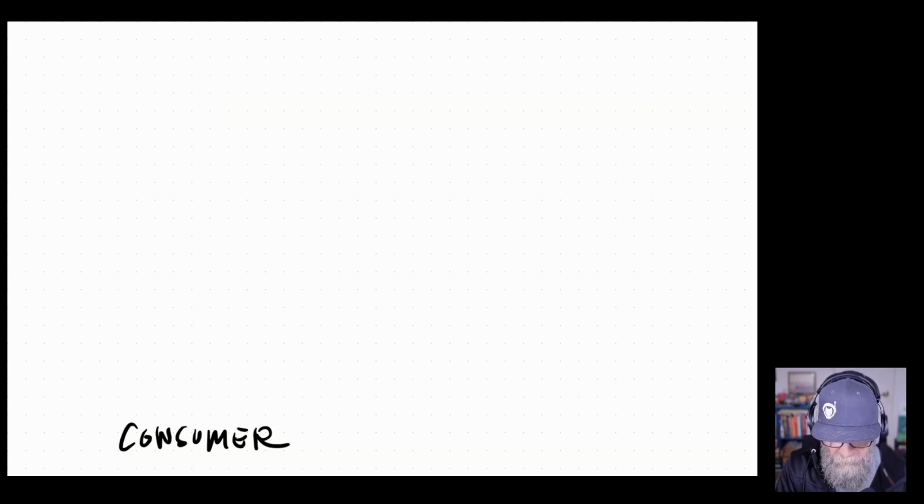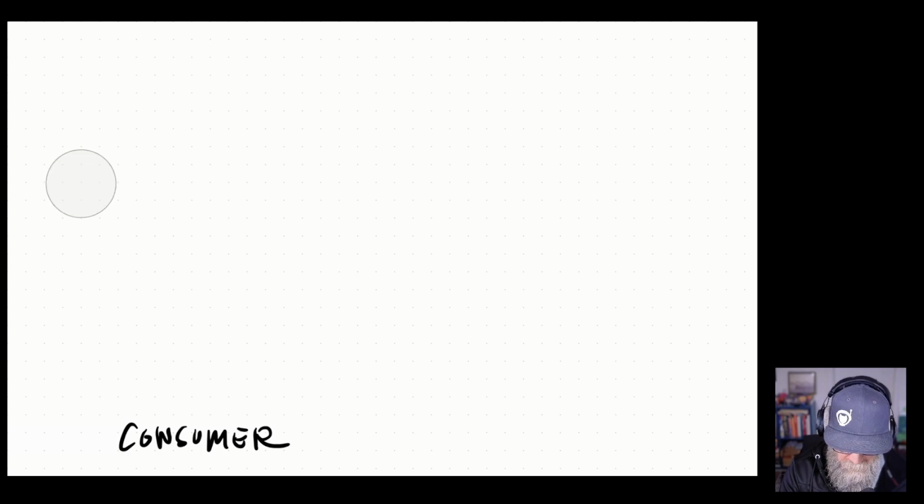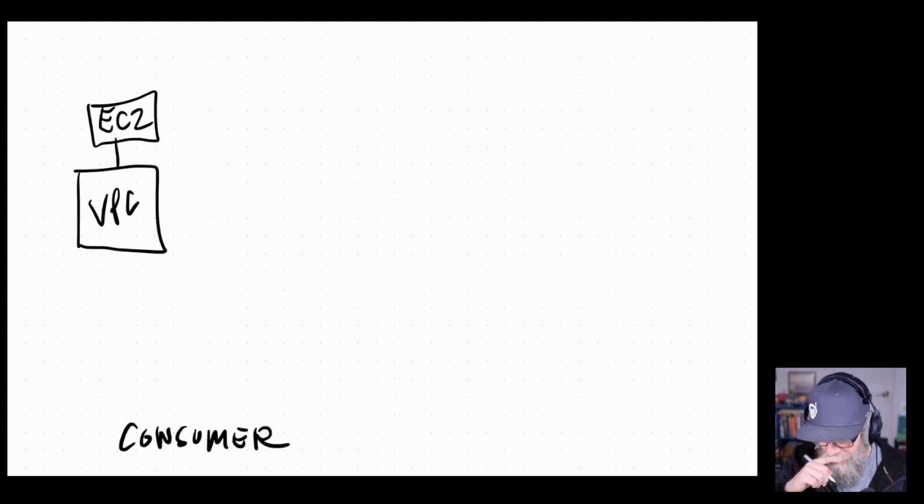In this case, the consumer is going to be an application running in a VPC. So over here, this is our VPC, and let's just say, for the sake of the demo, you've got an application of some sort running on an EC2 instance. This could be a Lambda function. It could be anything you wanted, really, in this VPC.